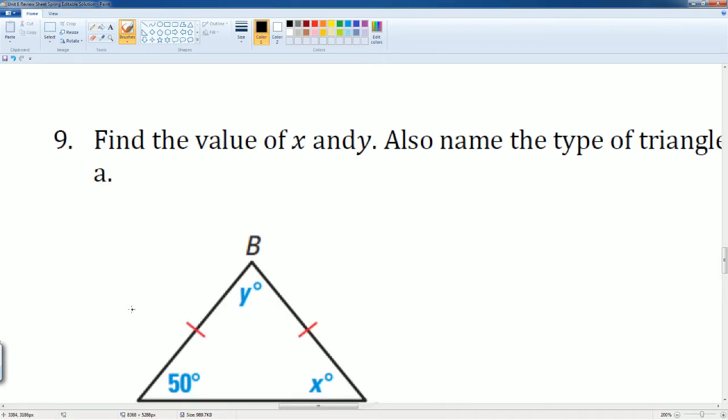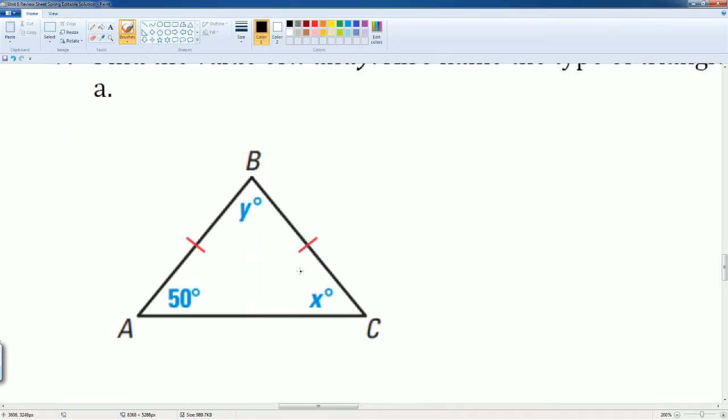For A, we have these two red marks here that tell us that these two sides are the same. So we can say that line BA, which is this line here, is going to be congruent to line BC because of that red mark there.